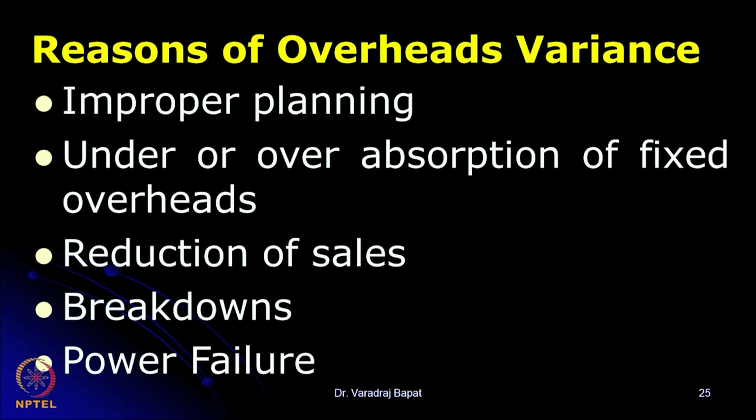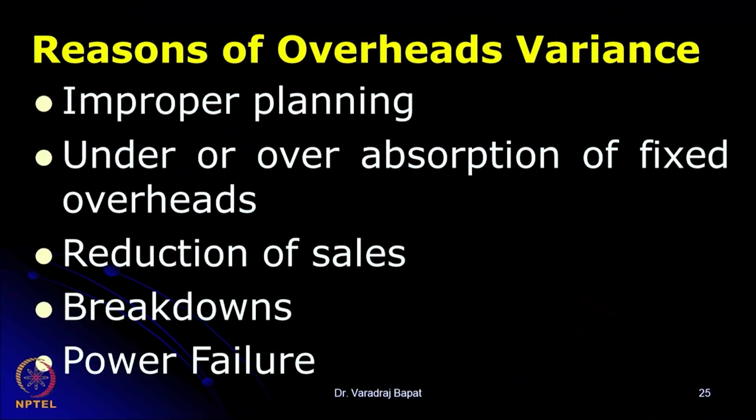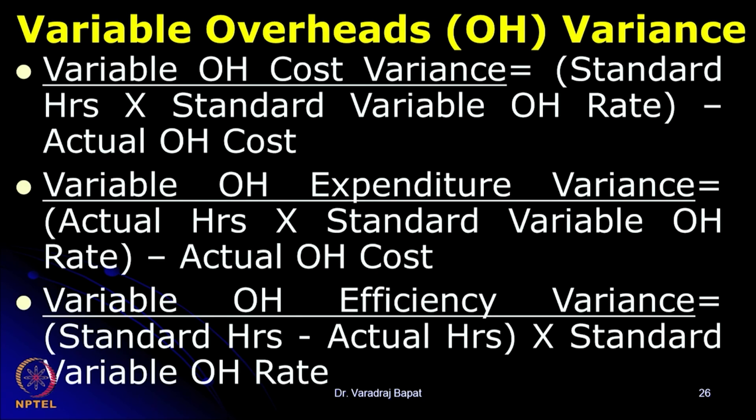It can affect overheads because reduction of sales leads to reduced quantity, and reduced quantity affects the fixed overhead absorption. There can be breakdowns or power failures. These are various reasons for overhead variances. Now please have a look at the formulas.